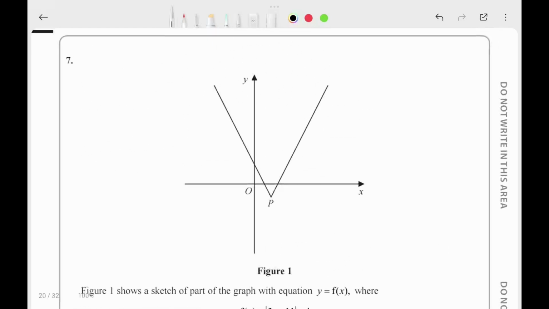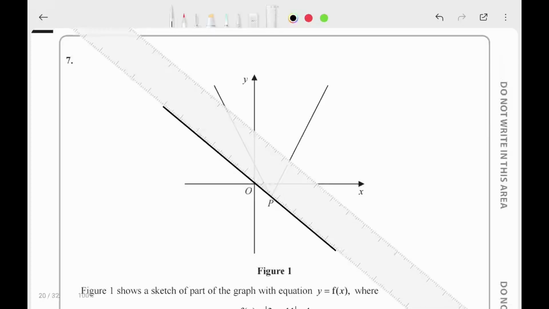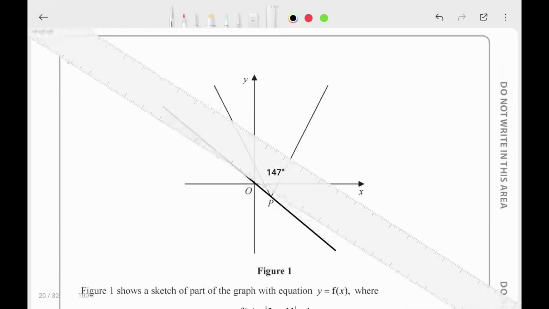So there are multiple ways a line can intersect this graph exactly once. So let me show you. If it just touches the vertex, the line only touches or intersects the graph at exactly 1 point.